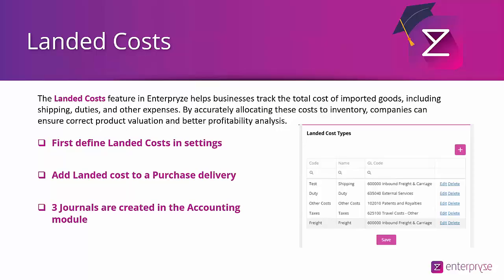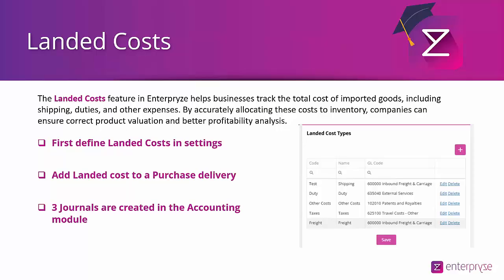You could do a division at line level and allocate a specific percentage over each line of the purchase delivery. And if you need to divide out those landed costs, because part of it is duty, part freight, part taxes or other costs, whatever you need to classify on the delivery, you can do that.